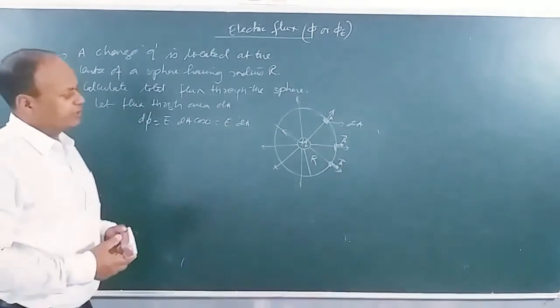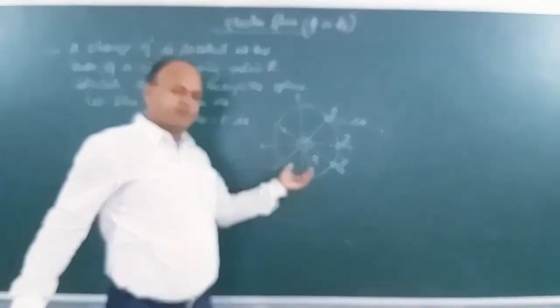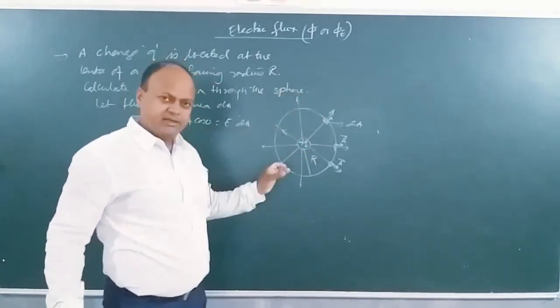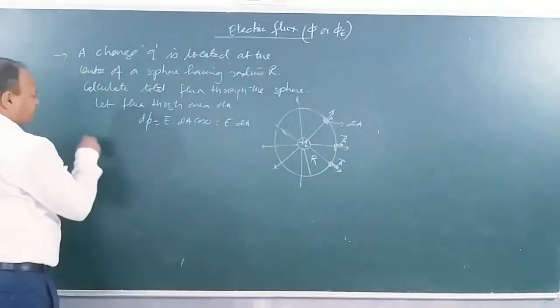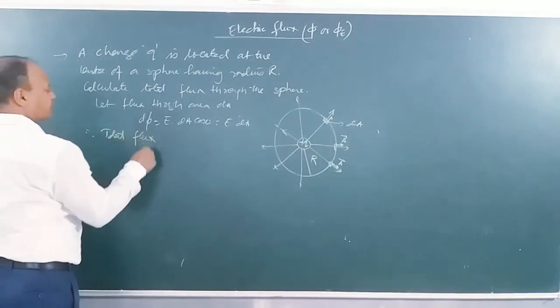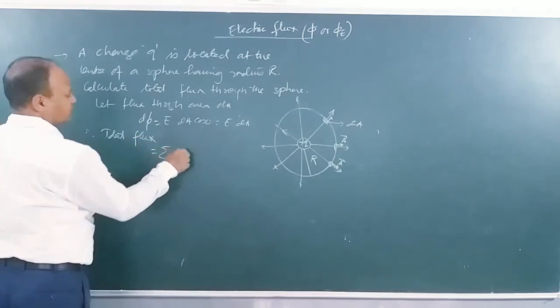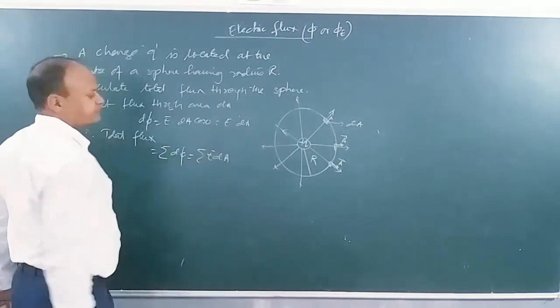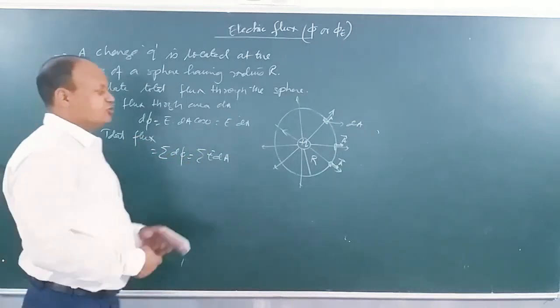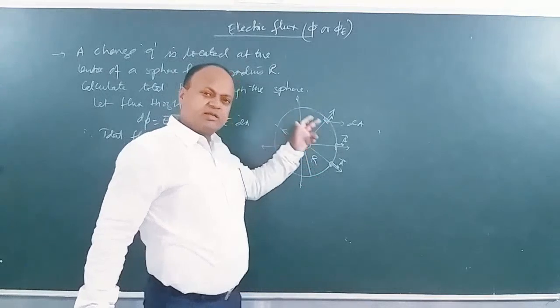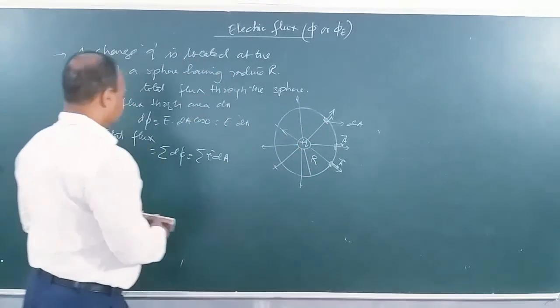Now if I want to find the flux over the entire surface area, then I go on adding the dA. So you can say that total flux will be equal to sigma d phi, which is sigma of E dA. Remember E is uniform because the electric field at distance r will be the same throughout.